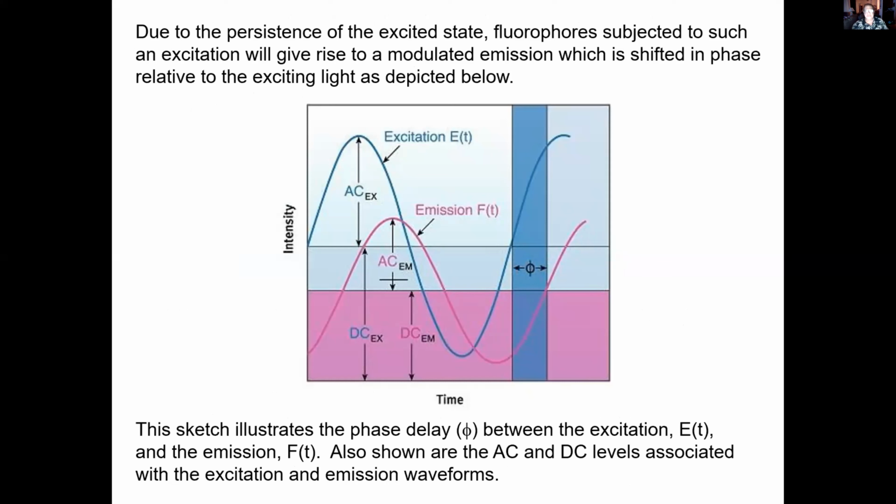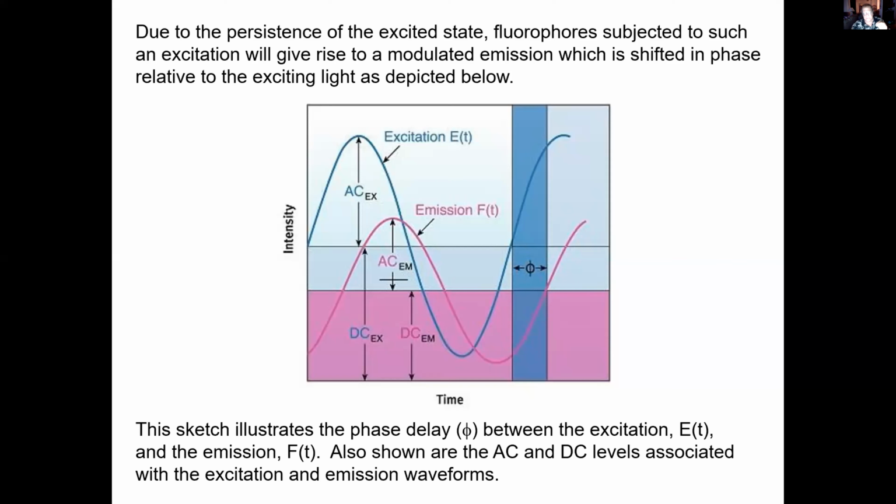Now, due to the persistence of the excited state, once you excite the fluorophore, this gives rise to an emission that's modulated, but it's shifted in phase relative to the exciting light, as shown here. We see in blue the excitation goes up sinusoidally and down. As it's going up, we start to see the emission go up.